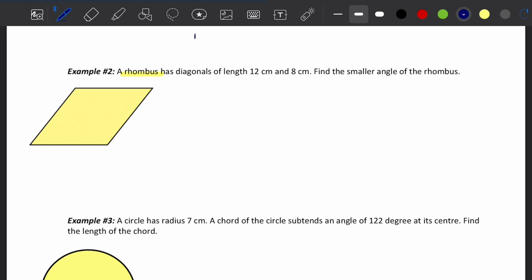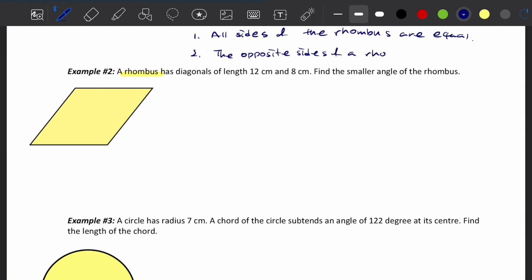So the first characteristic of a rhombus is that we need to have four sides, and all sides of the rhombus need to be equal. And second, the opposite sides of a rhombus are parallel.